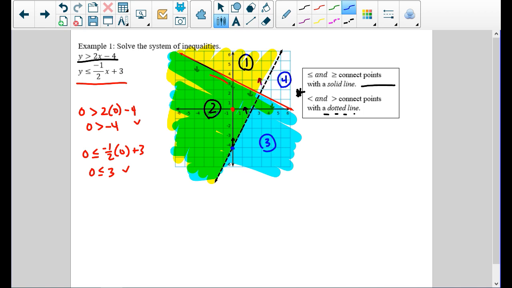Now, if I'm looking at a point on the solid line, like 0, 3, is 0, 3 included in this answer? Yes, because it's on the solid line and it's above the dotted line. Okay, so if it's on a solid line, it's included in the answer. If the point is on a dotted line, it's not included with my answer. So you will see that a lot of times with some multiple choice type questions.